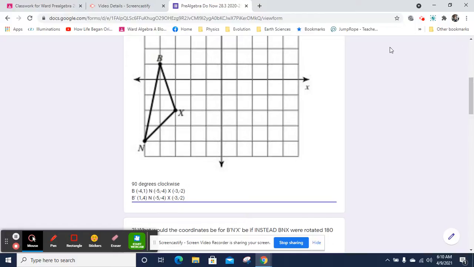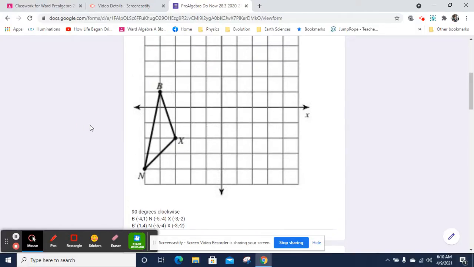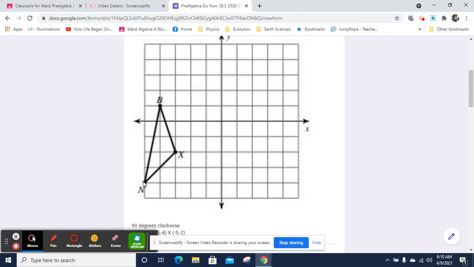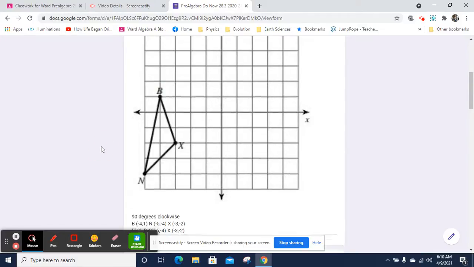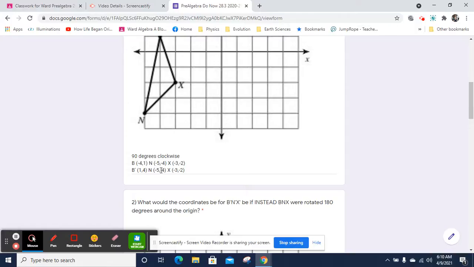So n is going to go from here, down here at -5, -4. It's going to rotate up here to -4, 5. That's going to become a 5, and that's going to become a -4.